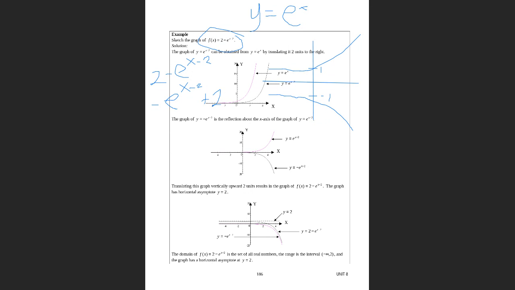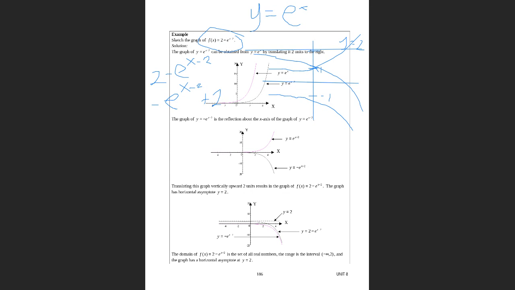So now your new asymptote is going to be y equals 2, because it's going to go up by 2 units. Now, this is your point, minus 1 will come here. Then your graph would look something like this.